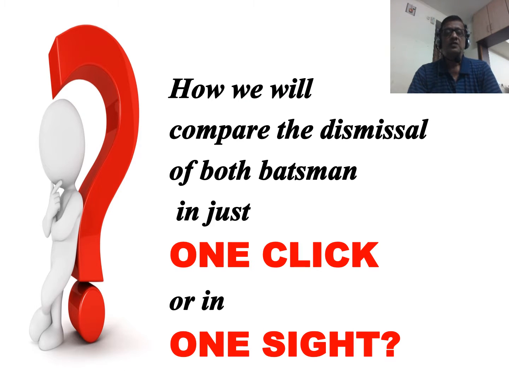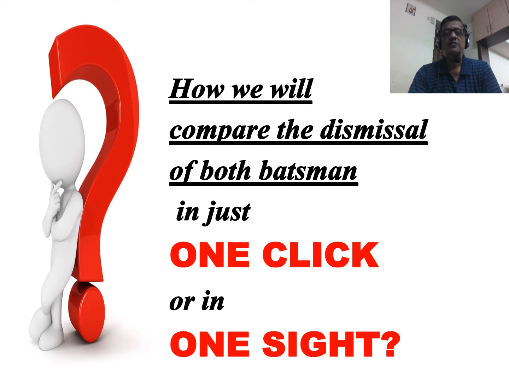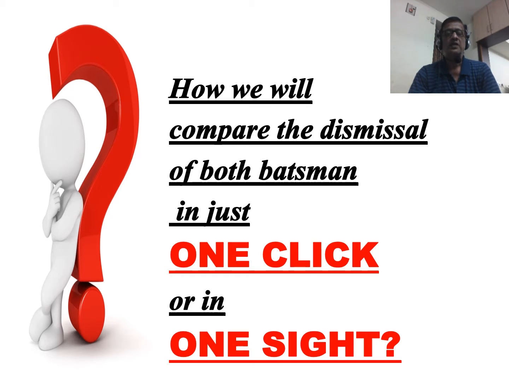Now the question is, a very big question is there. How will we compare the dismissal of both batsmen in just one click or in one site? I repeat the question.